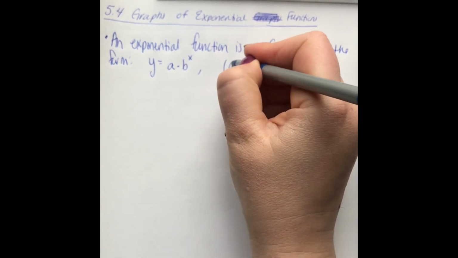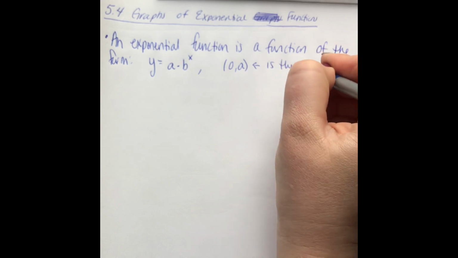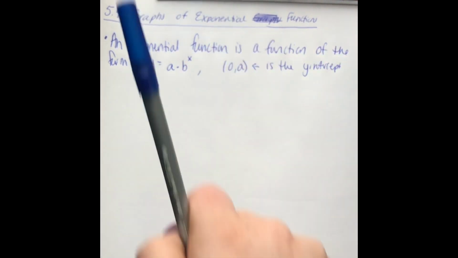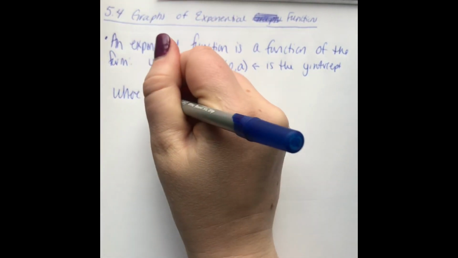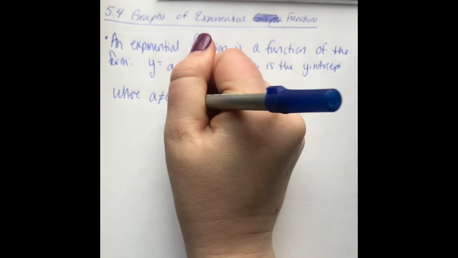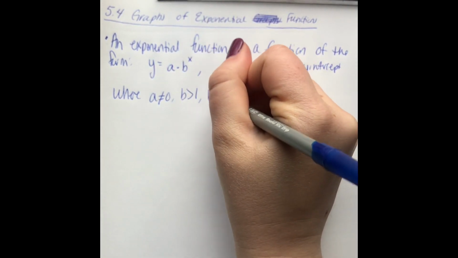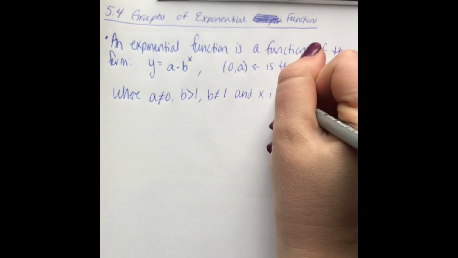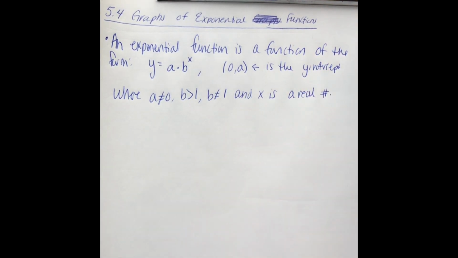And remember, all the time, a is the y-intercept. A can't be 0. B has to be bigger than 0. B cannot be equal to 1. And x is a real number, because we've talked about imaginary numbers, the number i, so far this year.